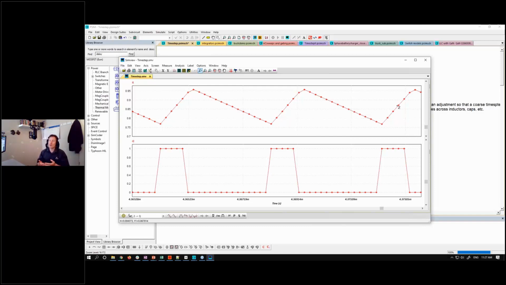Or if we switch to a level 2 switch model, maybe we need to drive down. We're no longer looking at these large-scale simulations, and if we're looking at a GaN device or a silicon carbide device turning on and off, maybe we care at a nanosecond time level, okay?